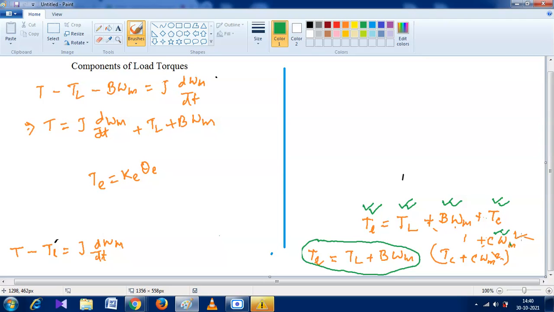And we know from the fundamental torque equation, what do we know? What is the fundamental torque equation?